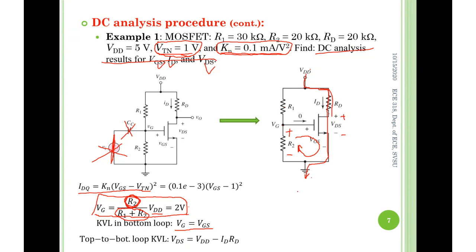So once again, VDD minus 0 equals ID RD plus VDS. Of course, if you move VDS to the other side, you end up with this equation. Same equation. Does it make sense? Any questions? These equations, of course, are enough to find all of those.